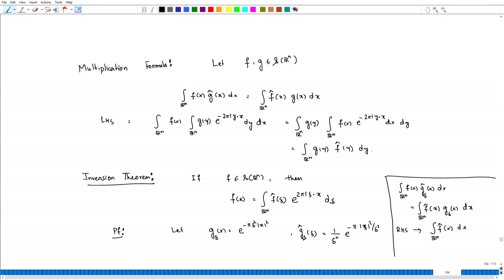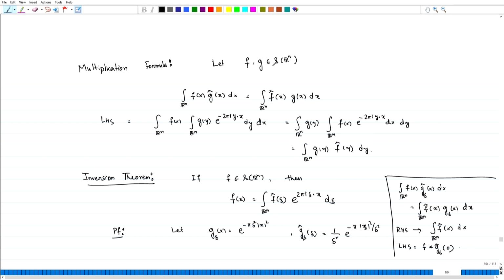And if I look at the LHS, it is nothing but f convolution of g delta hat at 0. Now, what we have seen just before is that g delta hat is a good kernel.